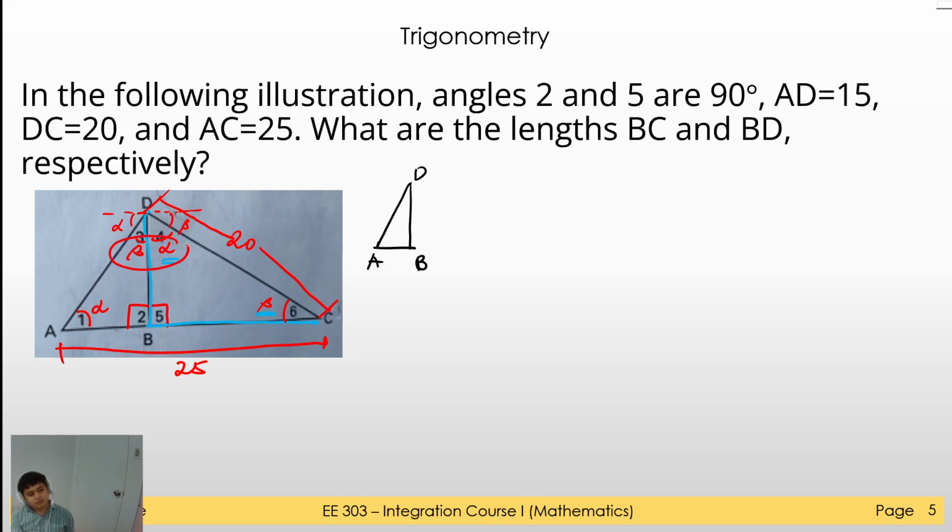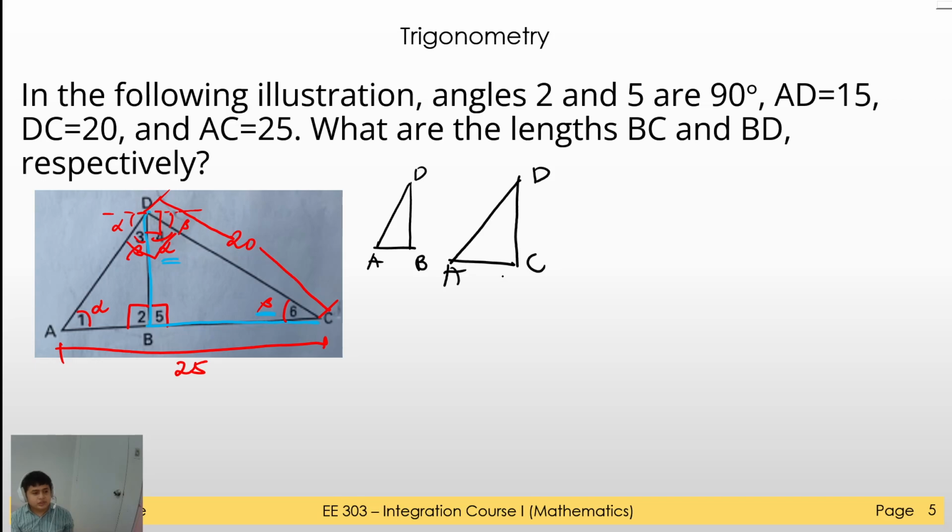We know that beta plus alpha is 90 degrees, which is also this. So therefore this triangle here is also similar. Can you imagine this is C, then D, and then A. So we have this triangle here.